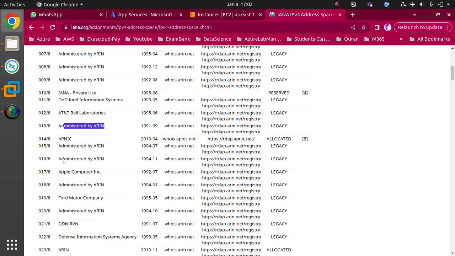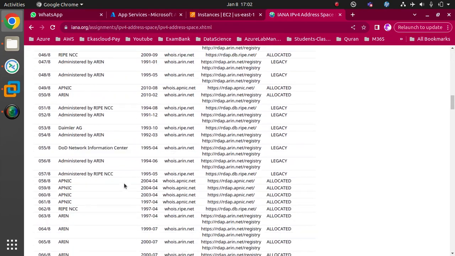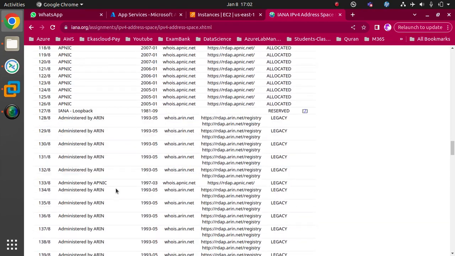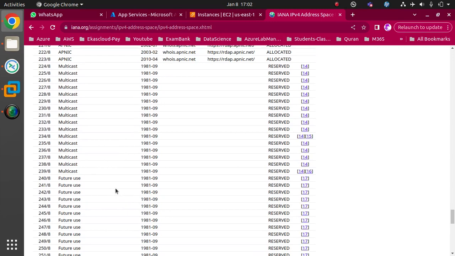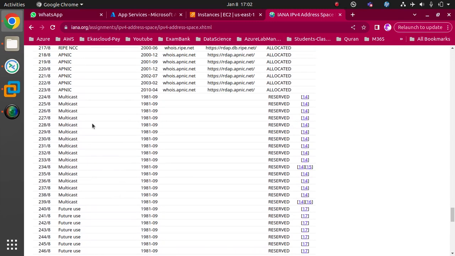See the administrator, you can go through. Ford Motor Company is legacy. I don't know why all this came, but if I go in depth, we can get it. But this is where I know I can get more information about IP addresses. If you finally come down, you will see 223 is the Asia Pacific region, but after that 224 is multicast, future use, and reserved.